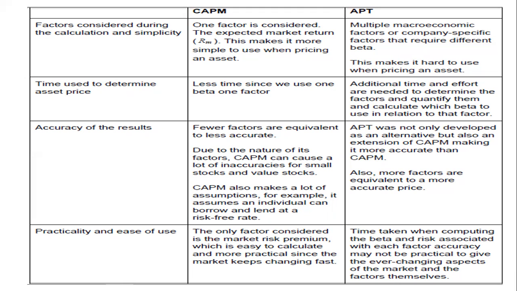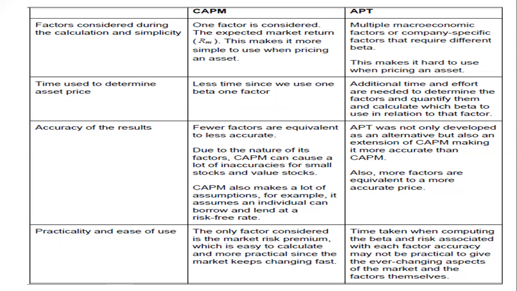But APT was not only developed as an alternative, but also as an extension of CAPM, making it more accurate than CAPM, as more factors are equivalent to more accurate prices. Here we can say APT is more accurate than CAPM, but it is very lengthy to calculate, and multiple factors are taken. But CAPM takes only one market return.